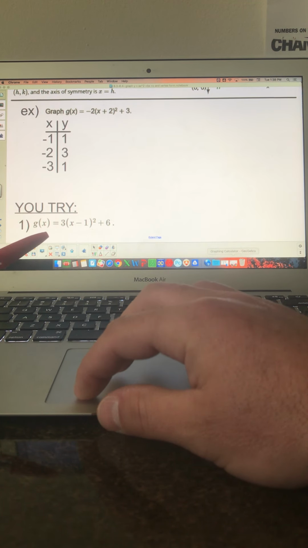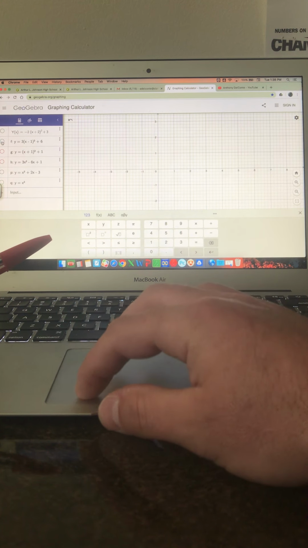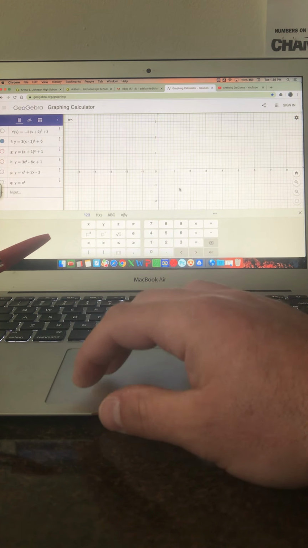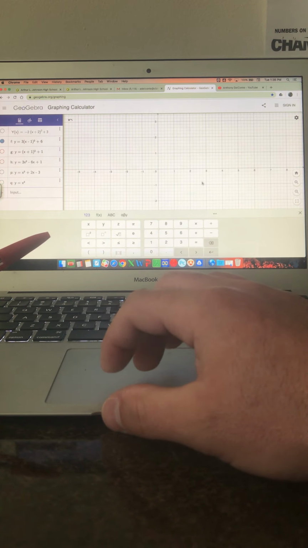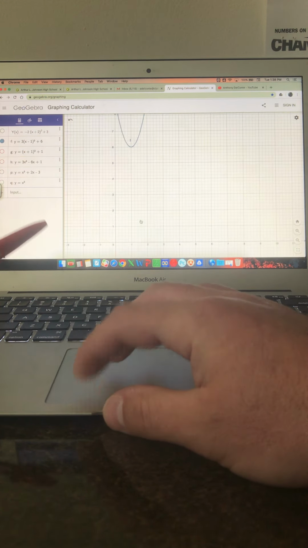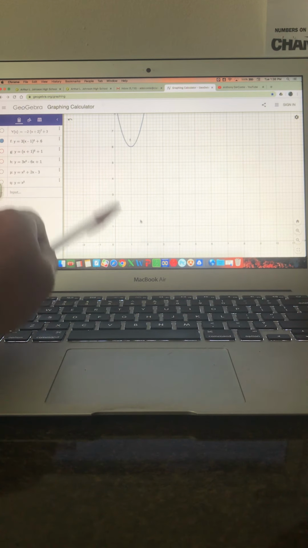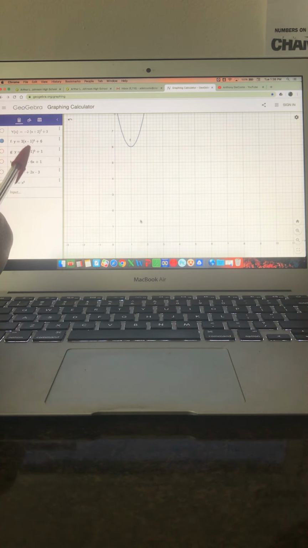So when we go to graph it, your vertex should be at 1, 6. Remember, it's -1, but it's really like opposite in there.